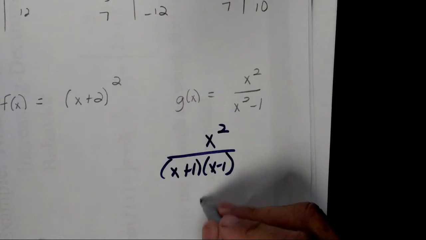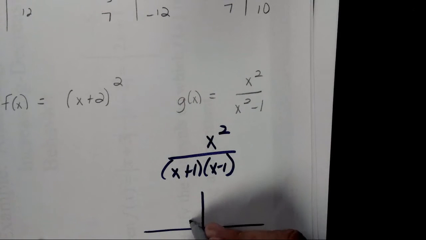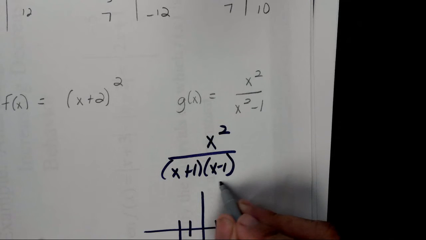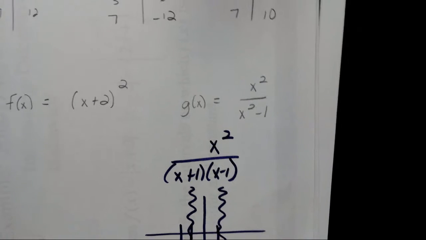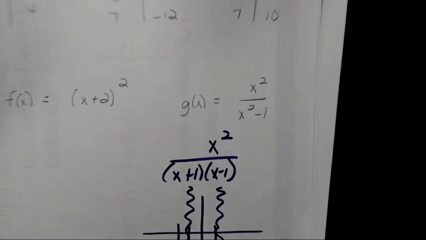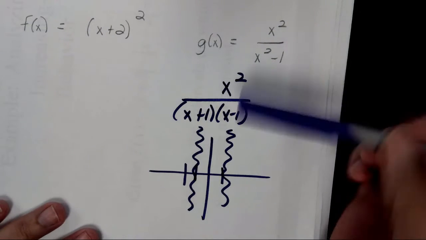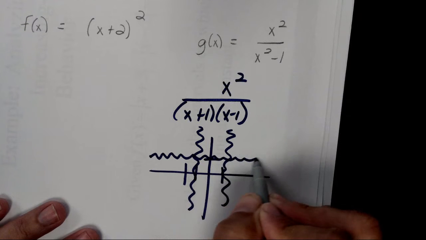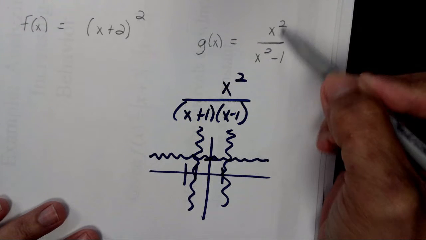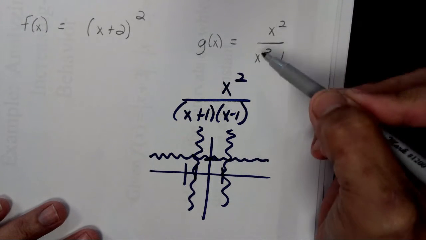So I know I'm going to have an asymptote at positive 1 and negative 1. Okay? I have a vertical asymptote, a horizontal asymptote at 1 because my degrees are the same.